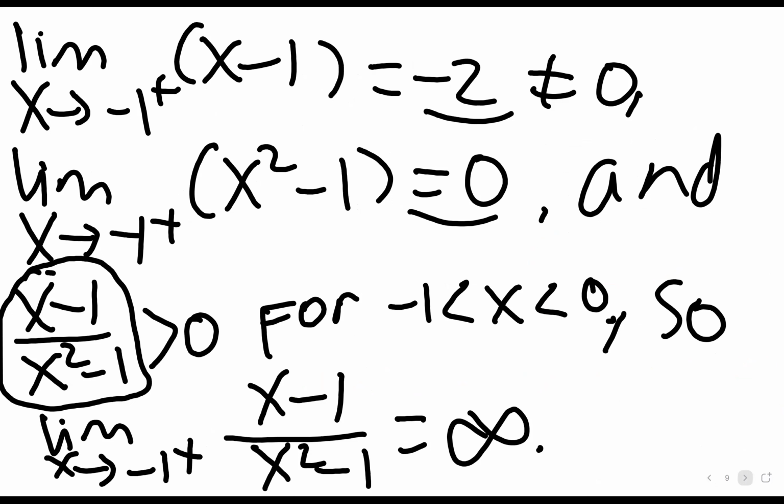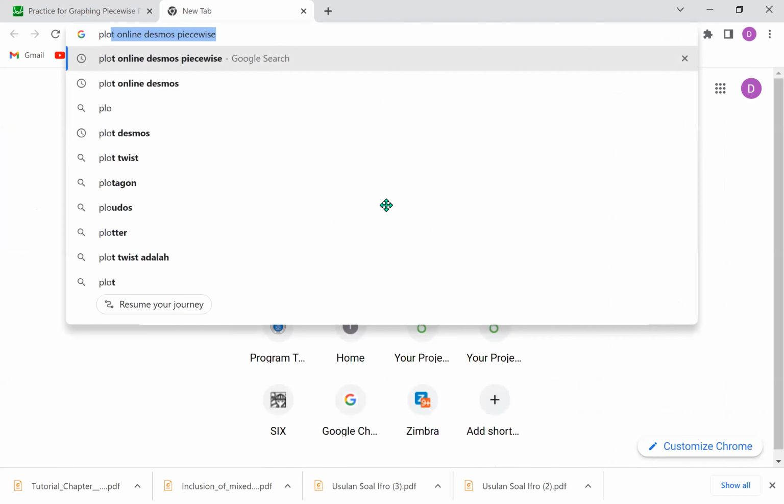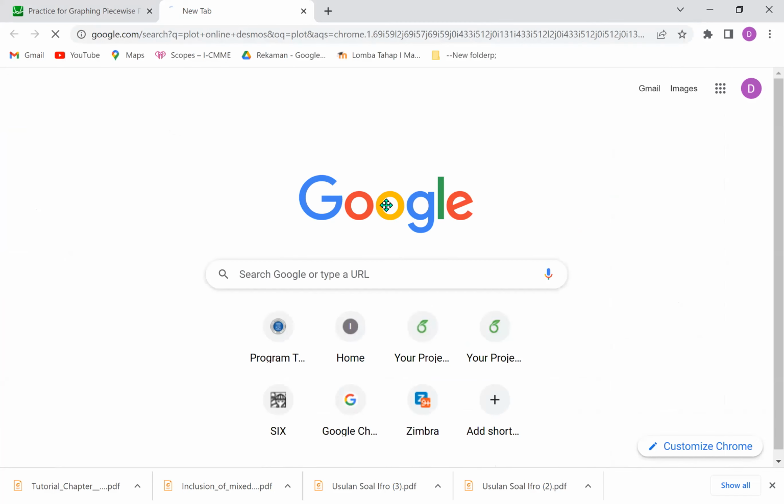Okay, so let us take a look at the picture or the graph of this function.